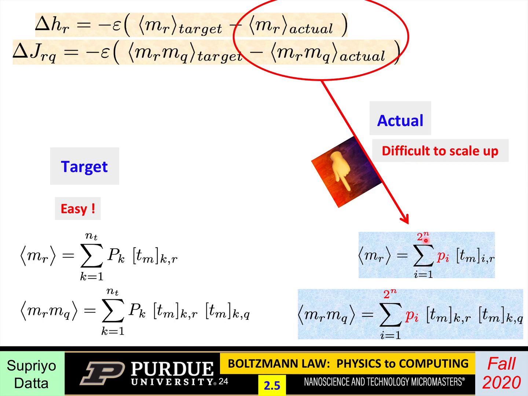And as I've mentioned many times, the 2 to the power n can be a huge number, right? And so, in this context, what you really want to do is not evaluate this entire sum, but use this sampling method, the one that works in n space. But you have to take enough samples so that you get an accurate idea of these average values. Okay? And that often can be time consuming.